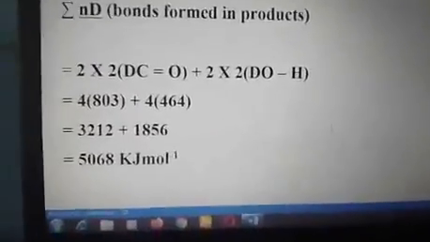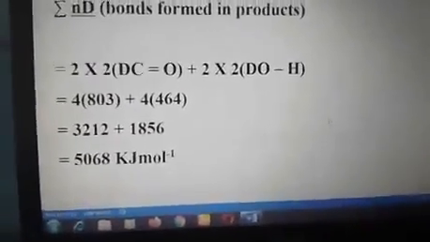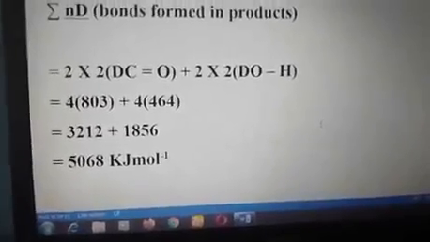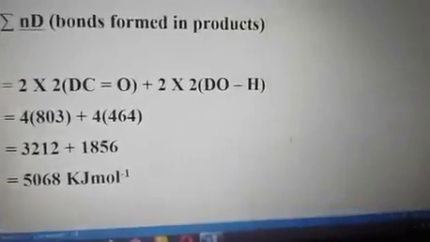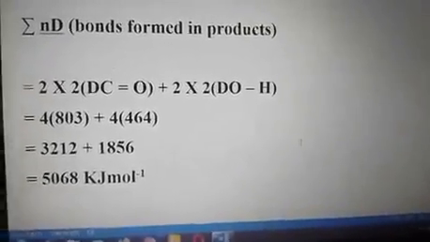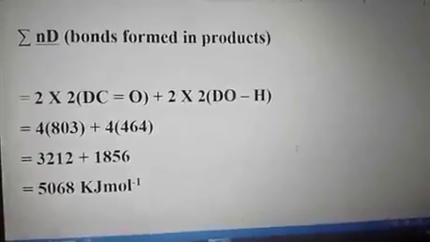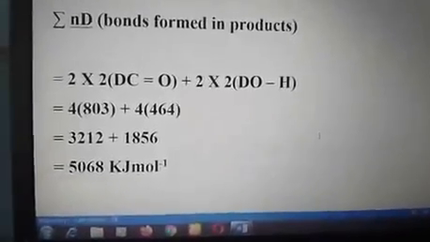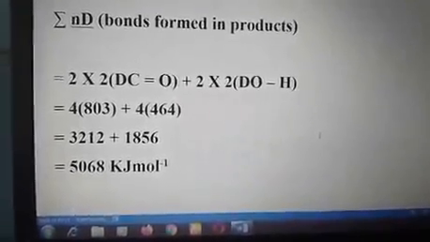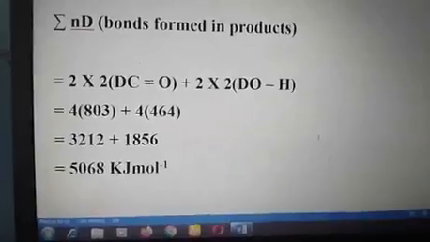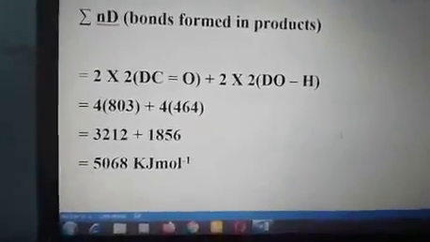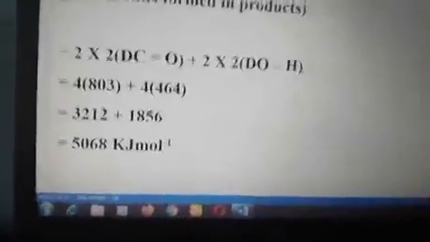So we now have 2 times 2 is 4 multiplied by the bond energy of carbon to oxygen double bond, which is 803 given to you. Then 2 times 2 for water is 4 multiplied by bond energy of oxygen to hydrogen single bond, which is 464. So 4 times 803 gives us 3212, plus 4 times 464 gives us 1856. If I add 3212 to 1856, I will get 5068 kilojoule per mole.